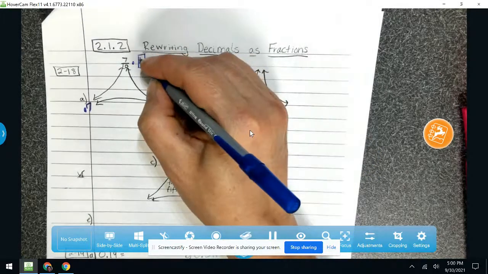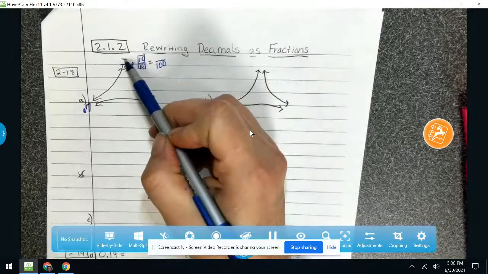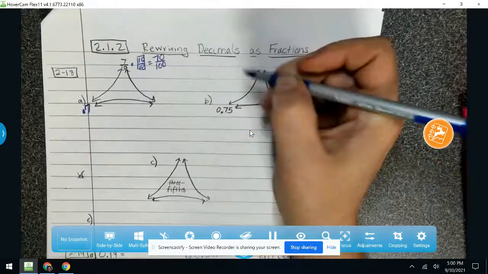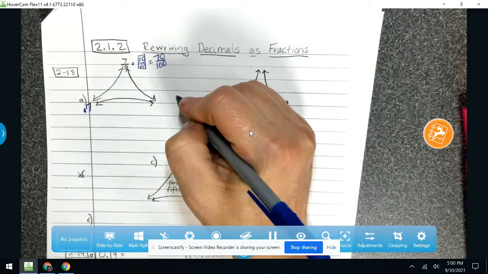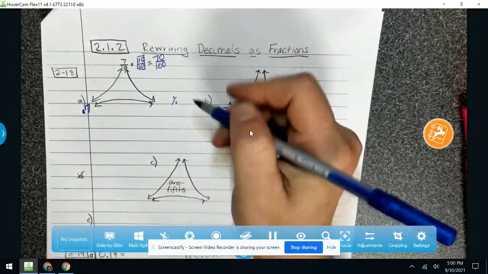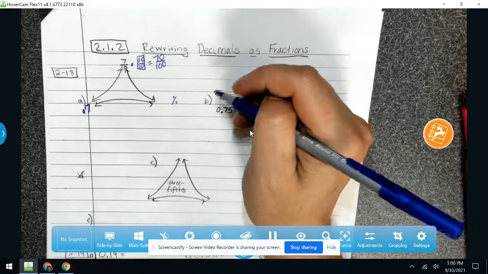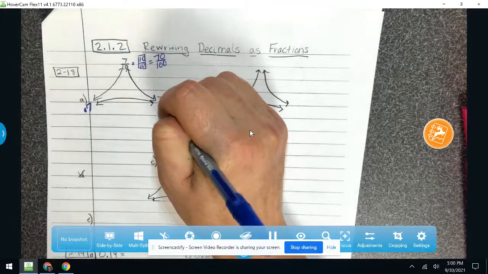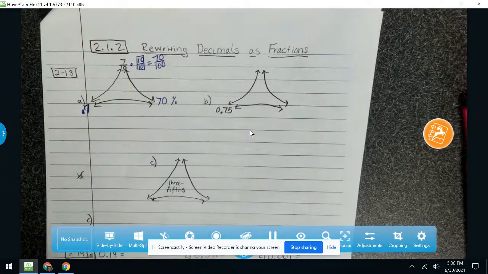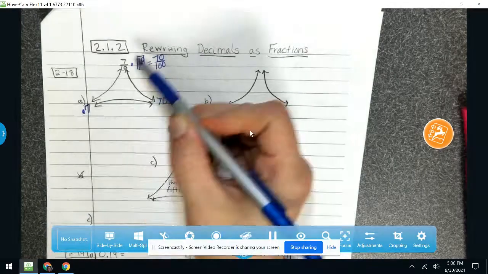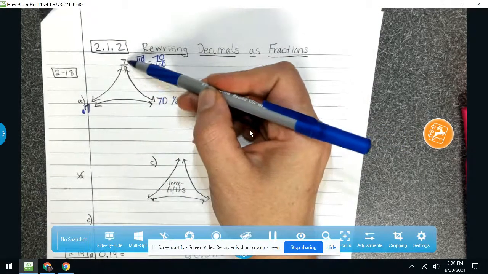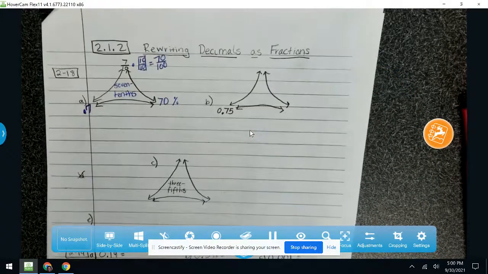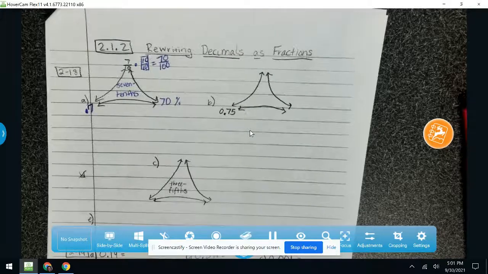So I have 10/10. Now I'm going to multiply 7 times 10, and I get 70/100. A percent, per means each. Cent, like century, centimeters, cents, means 100. So this right here is 70%. I can't forget my dude in the middle right here. I personally don't care to draw 7/10. I would rather write it. So that's how I do that one.